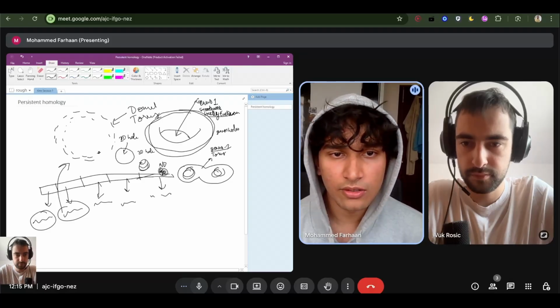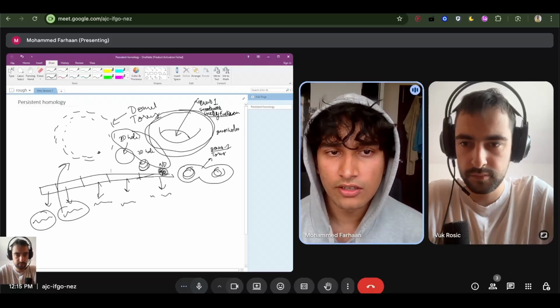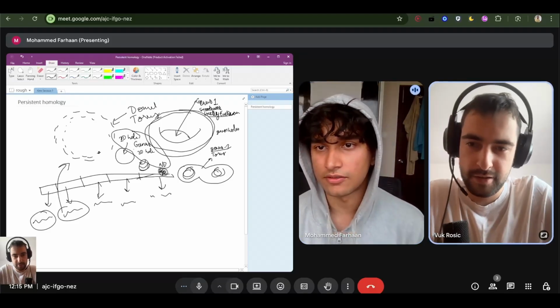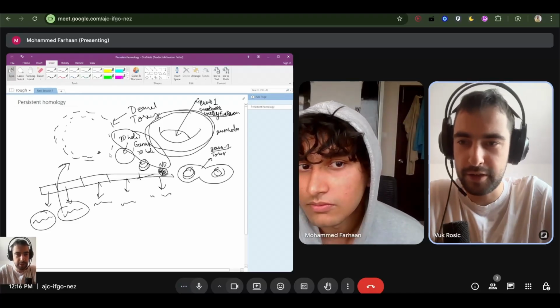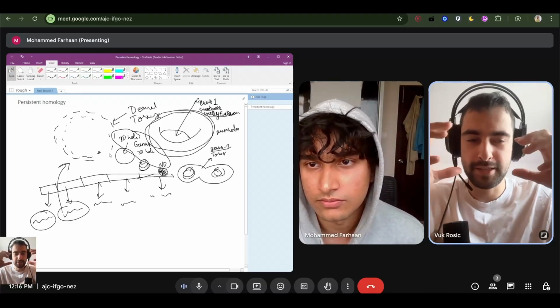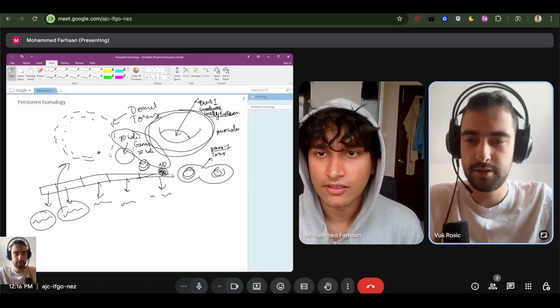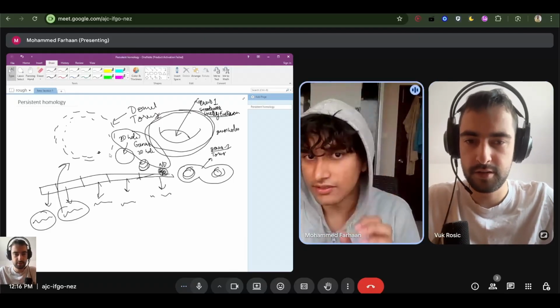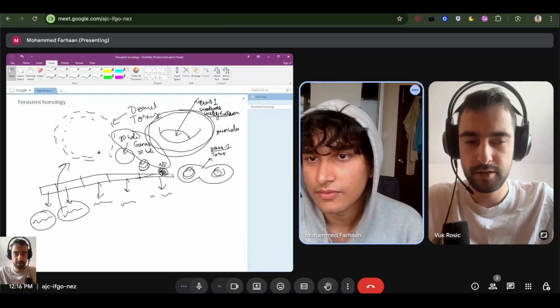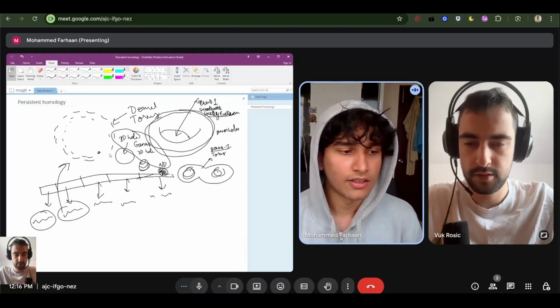All these holes collectively are called genus. So in 2D space we have a 2D hole, and then in 3D space we have like a ball with a hole inside. If you do a hollow sphere, then it has a 3D hole.